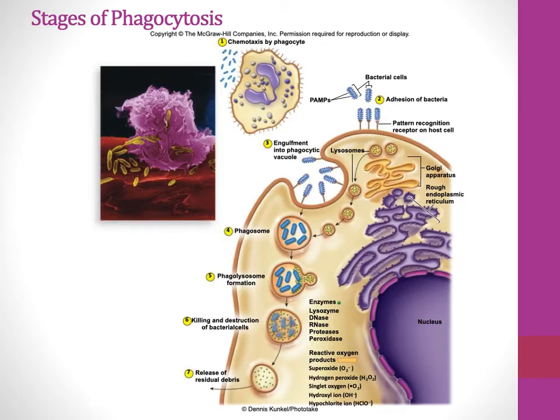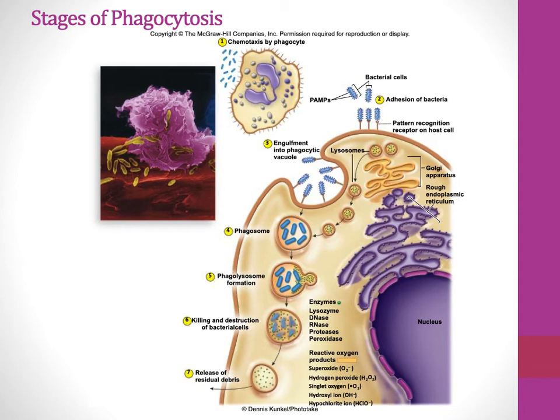So this just shows you this in a figure, in a visual. Again, we're going to have our phagocyte drawn to the location because of chemical signals, chemotaxis. And then we get direct interaction between the PAMPs, the molecular patterns that are on the pathogen, and the receptors that are on our phagocyte.